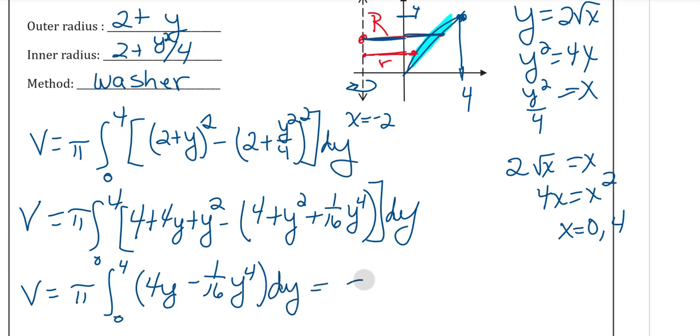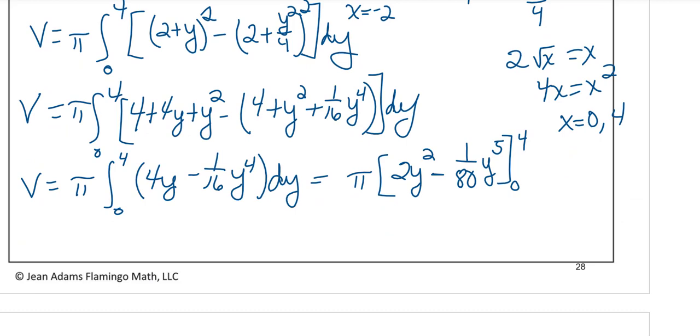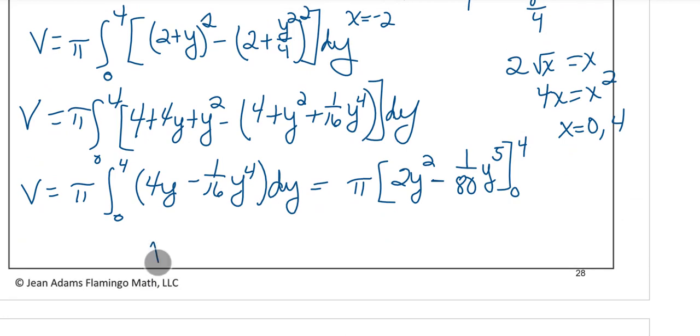So this is going to be pi times, and when we integrate, we get 2y squared minus 1 over 80 y to the 5th, and we're integrating between 0 and 4. And now it's just substituting in, and I'm just going to skip to the result. You guys can check this. You should get 96 pi over 5.